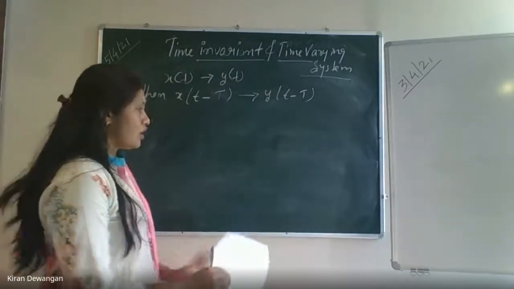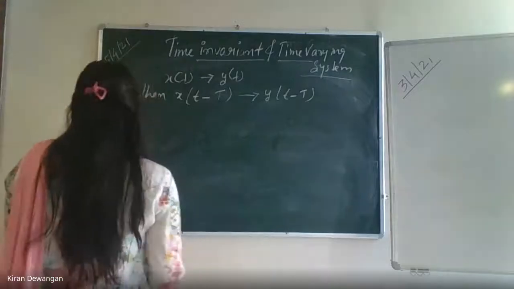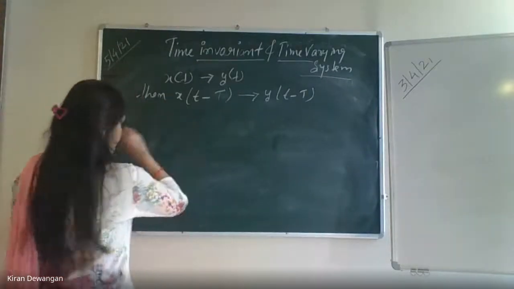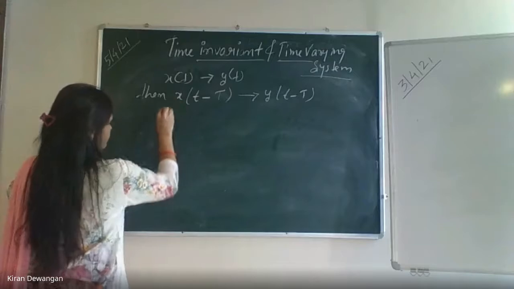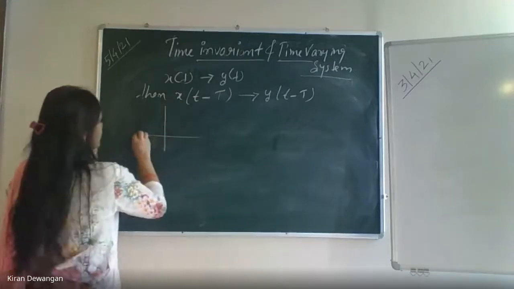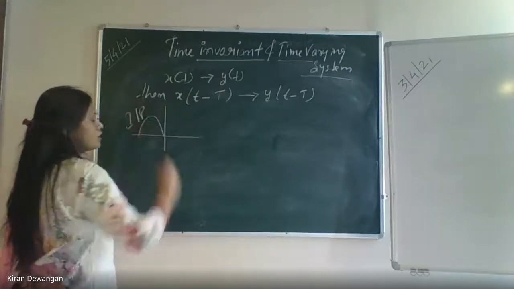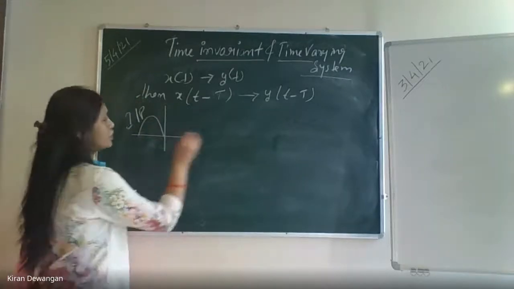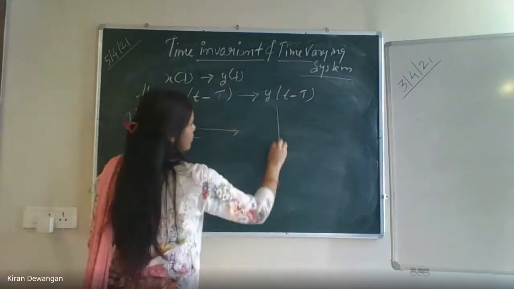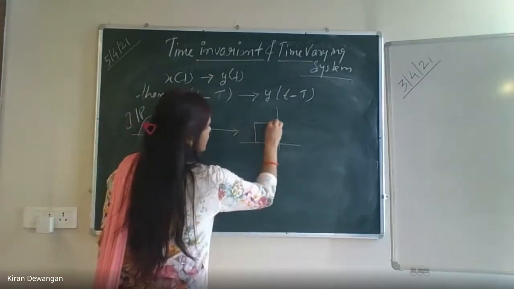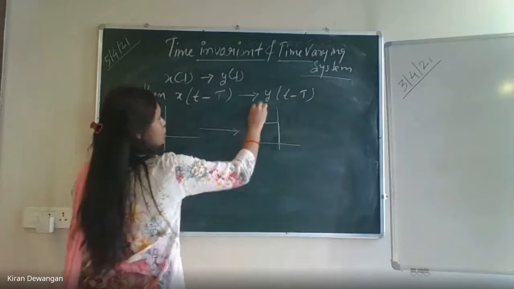Clear? Now let me just give you the example of time variant or invariant system. Let us say if this is my input, ठीक है? For this, I am getting this as an output.